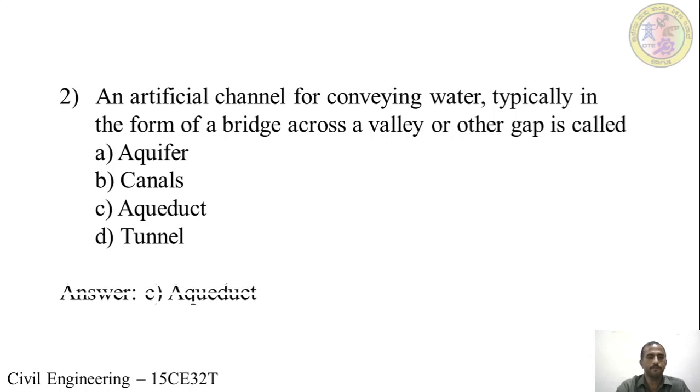The answer is aqueduct. Aquifer is a water bearing strata under the ground. Canals run not on supports. Tunnel goes through hills. Aqueducts are the structures which run across a valley supported by pillars.